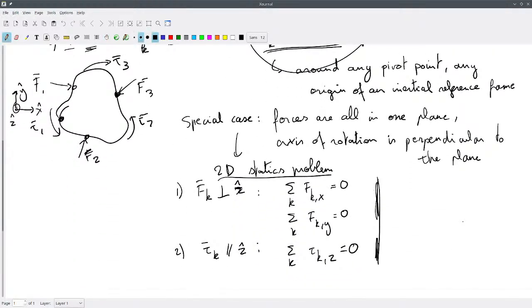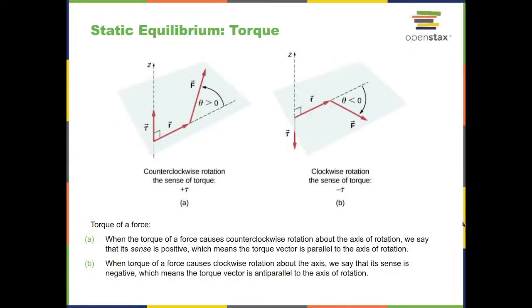Okay, so let's look at a couple of reminders. For the torque, if we have a torque that is perpendicular to this xy plane, and it is along the z-axis, that means our force will have to be in the plane.